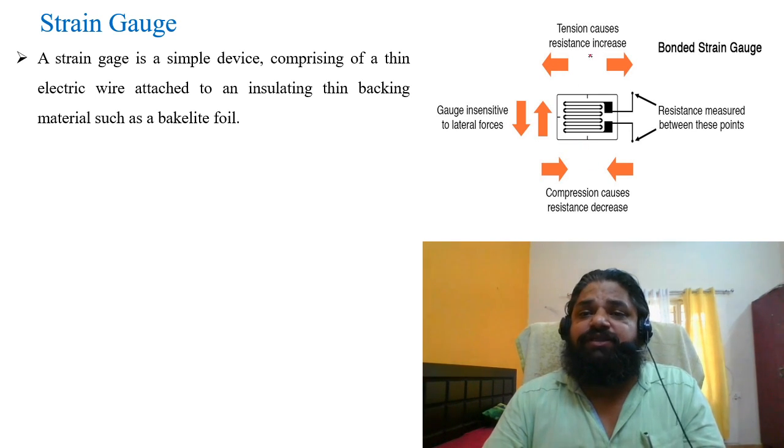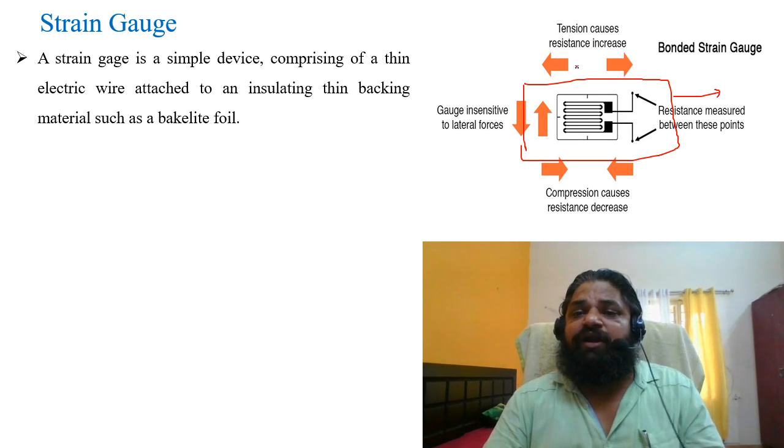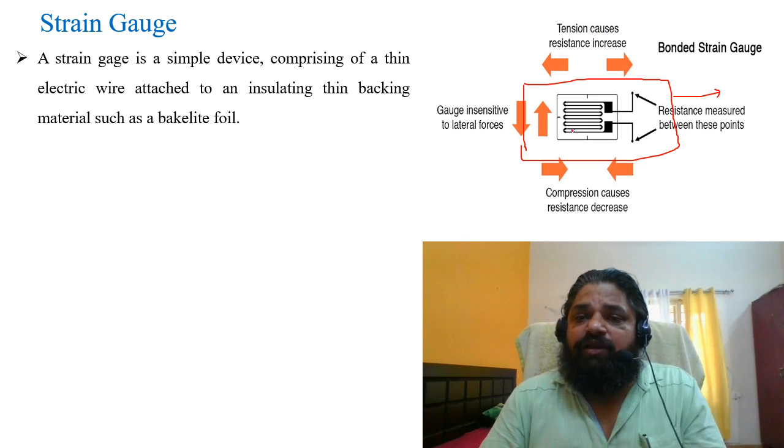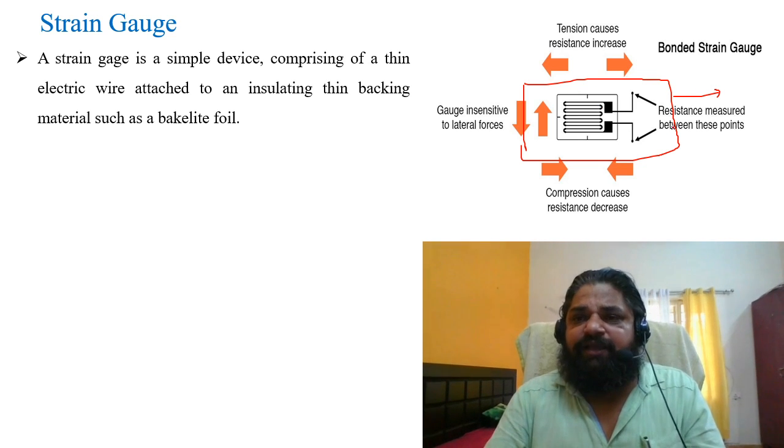All these kinds of strain gauges, or the principle of working, have been shown over here. If the strain gauge is attached to the body along its length, then it will be extended in this direction along its length, so it will be under tension, as shown. Or it can be in a gauge sensitive to lateral forces, utilized in a lateral way or along the length, or under compressive loading.